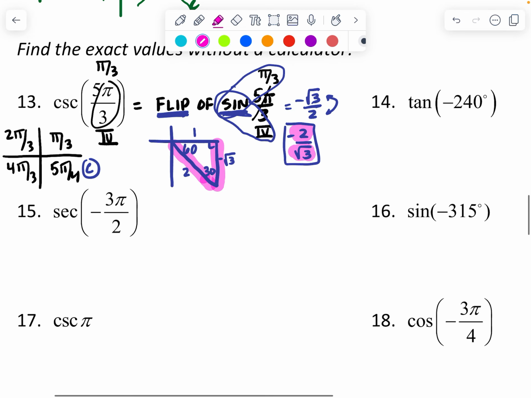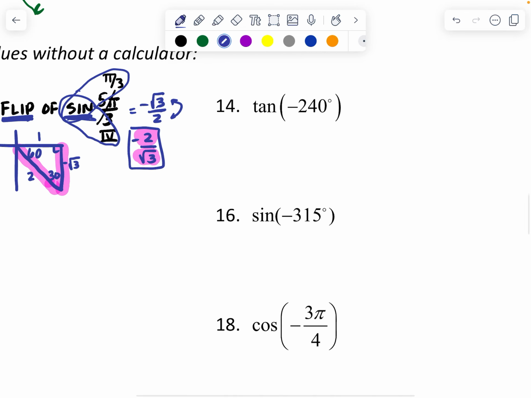I don't care. All right, tangent of negative 240. Let's look at this guy. When they give it to you in degrees, sketch it out. That will be your work for that problem, okay? So negative, I'm going in the opposite direction. So I'm at negative 90, negative 180, negative 240 is somewhere right here. Now remember your reference angle. Right off the bat, I know that I am in quadrant 2, right? That's where I landed, so that's good news.